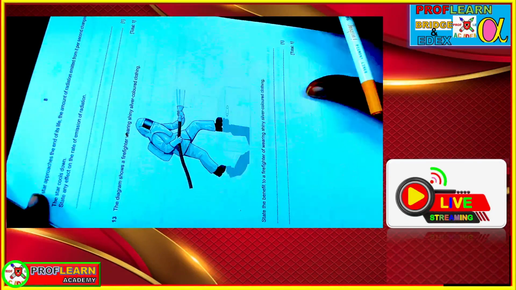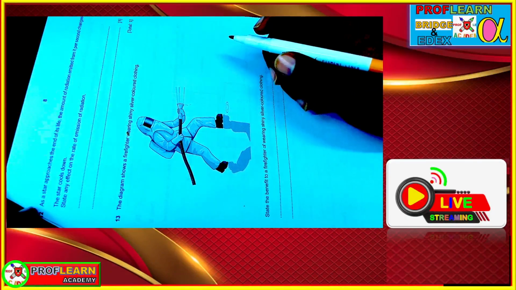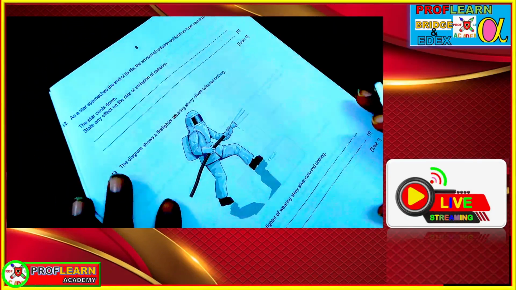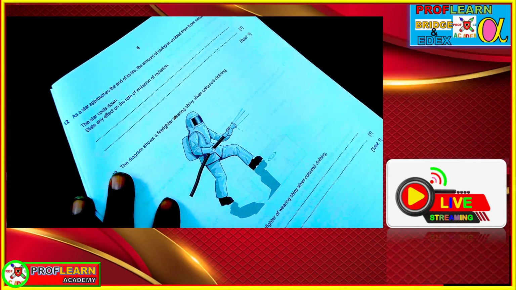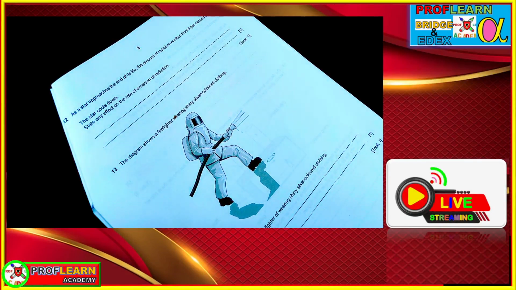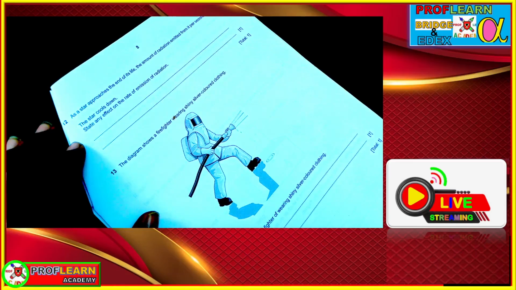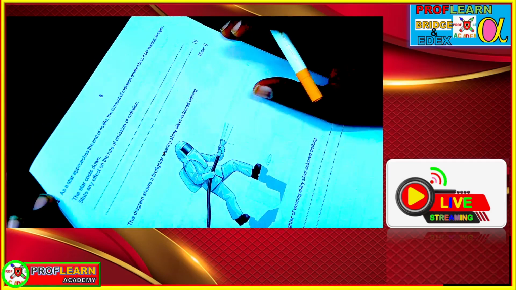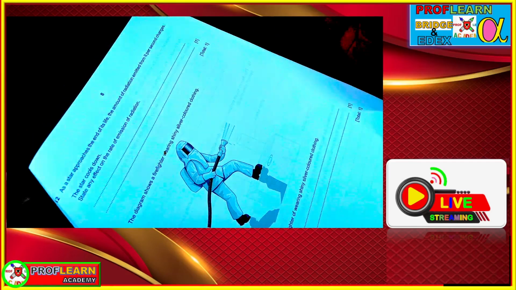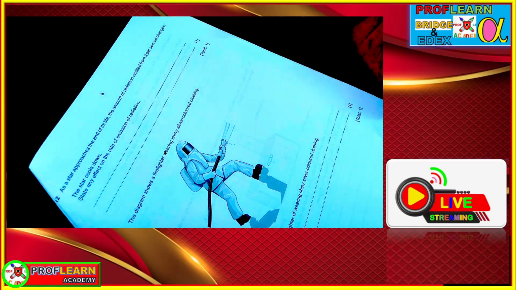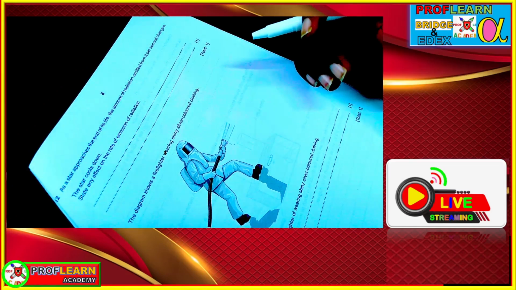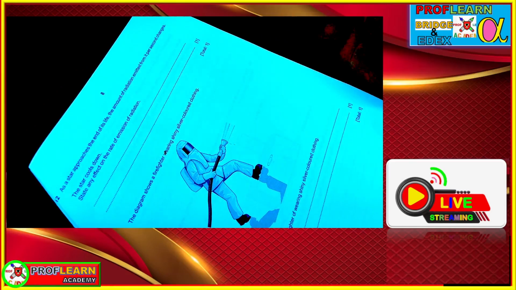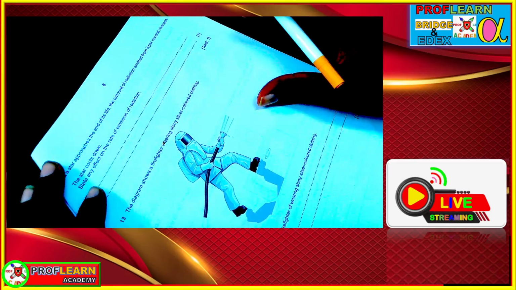Moving to question 12, we are told that a star approaches the end of its life, because we know during the evolution, during the topic of space physics, you are going to learn about evolution of stars, because stars evolve from one stage to another.